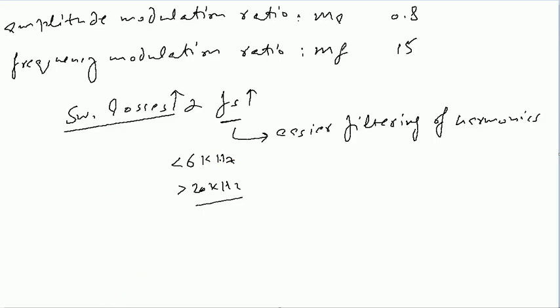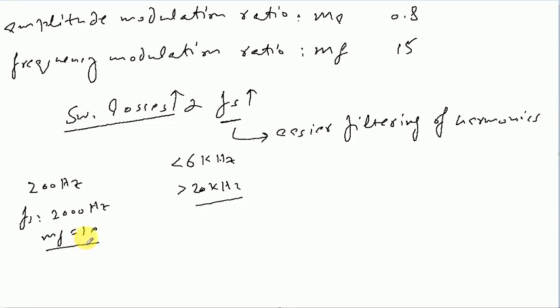For example, in a certain AC motor drive application where the output frequency is required to be close to around 200 hertz, if we have the switching frequency equal to, let us say, 2000 hertz, we can have a frequency modulation ratio close to 10 or something. This is an example of a relatively small value of frequency modulation ratio.